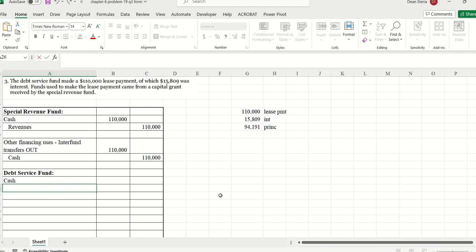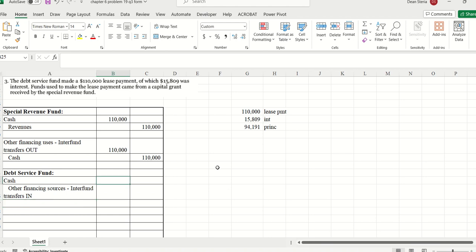And then we have our other financing sources, interfund transfers in. And that was for the 110.